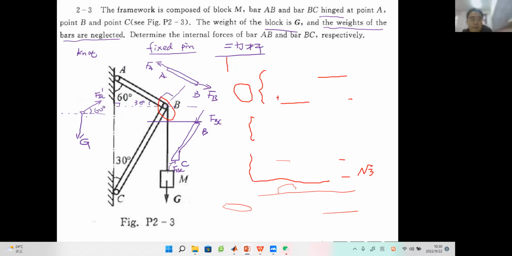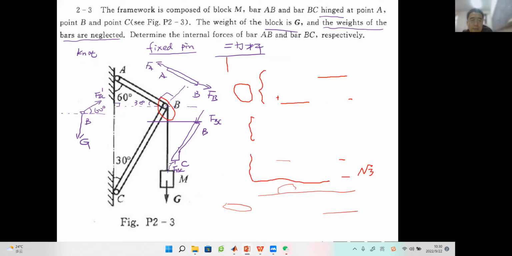Once again, using the same manner, when we select this knot B as an object to be studied, if AB is pulled at point B by some object, it should be this knot.